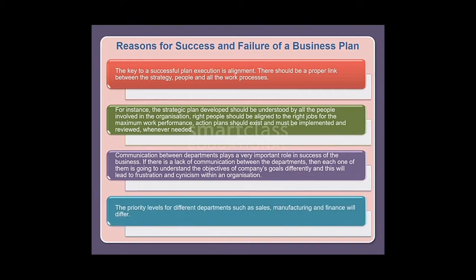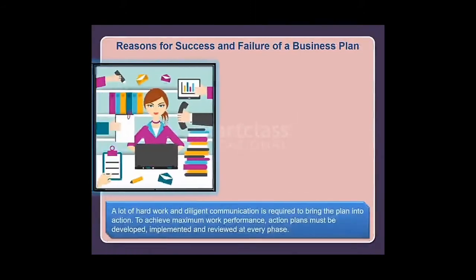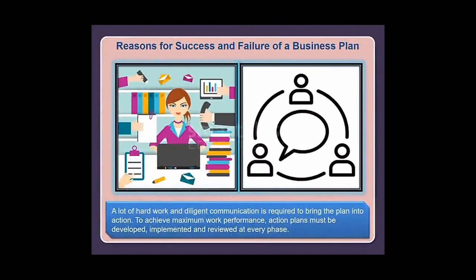The priority levels for different departments such as sales, manufacturing, and finance will differ. A lot of hard work and diligent communication is required to bring the plan into action. To achieve maximum work performance, action plans must be developed, implemented, and reviewed at every phase.